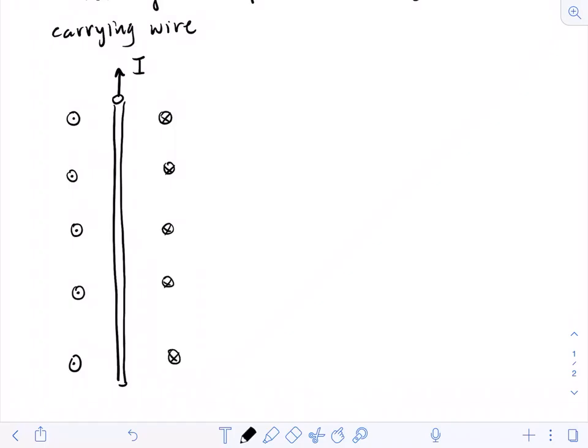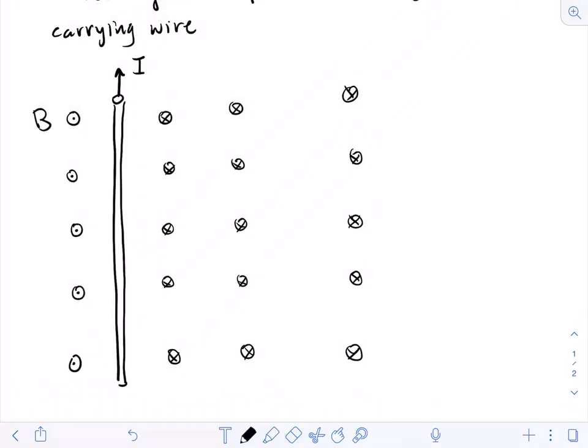I'll draw a few more of these magnetic field lines going into the screen on the right. We'll note that the magnetic field gets weaker as we move away from the wire, so I'll make the spacing between the field lines bigger as we move further away from the wire.